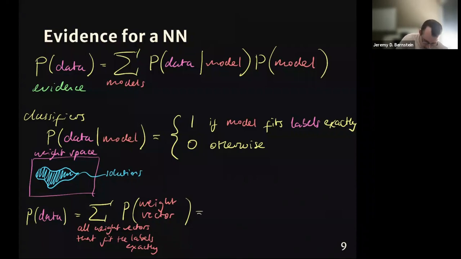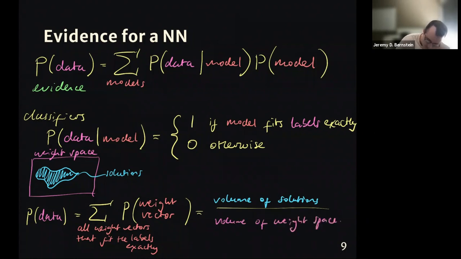Or geometrically, you can think of it as the volume of solution space, the volume of solutions, divided by the volume of weight space. This is the interpretation that I want to take away for the rest of the lecture, and we're going to use this repeatedly.